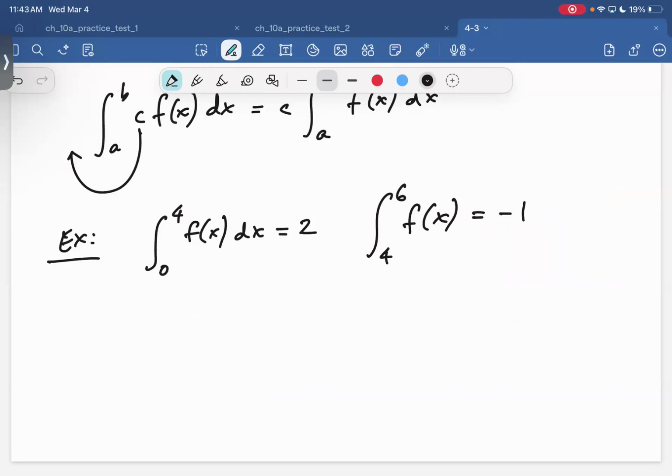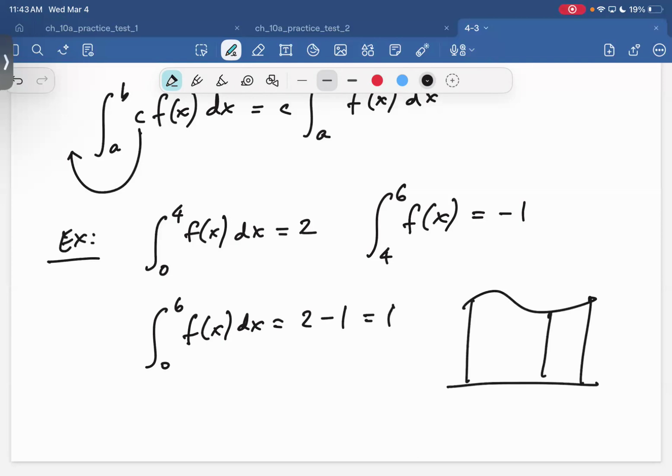And so that means the integral of 0 to 6 is just going to be the sum of those two areas, right? That's pretty obvious geometrically. So 2 minus 1 equals 1. Okay. That's just because we're now combining two separate areas. This area and this area. 0, 4, and 6.